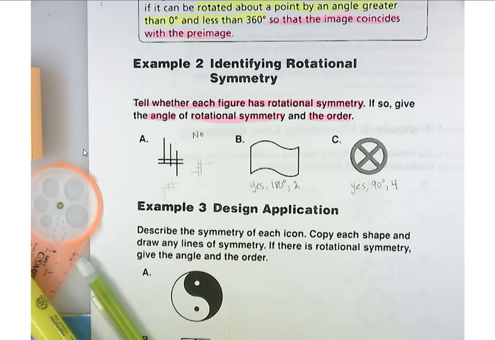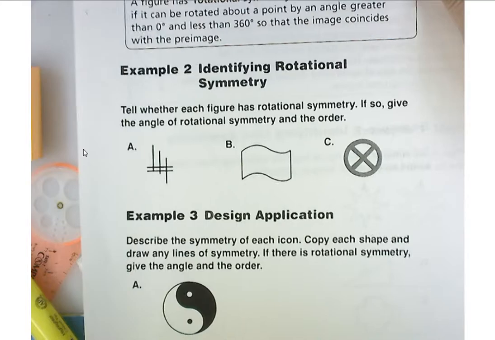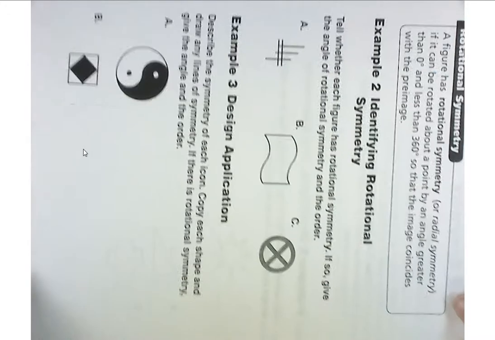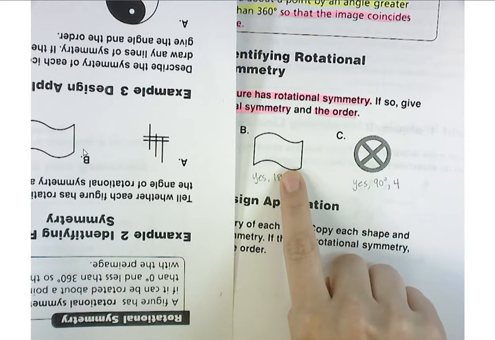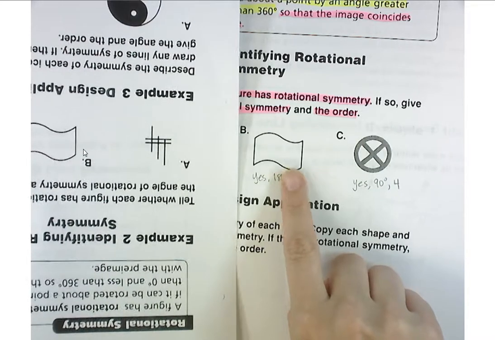You don't want me to cut it out and prove to you? I can just turn the page, right? If it was 90 degrees, you could turn the page this way and it wouldn't look the same. If you turn it upside down, does it look the same as it does here? Yep, so that would be 180.